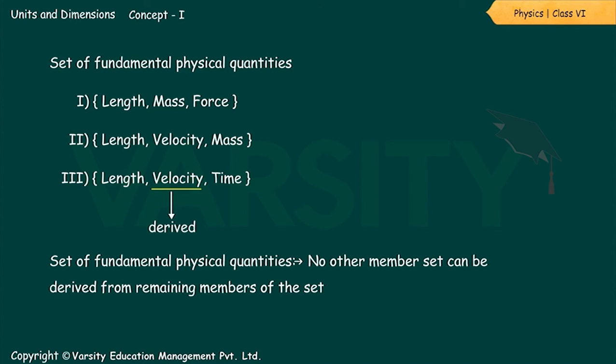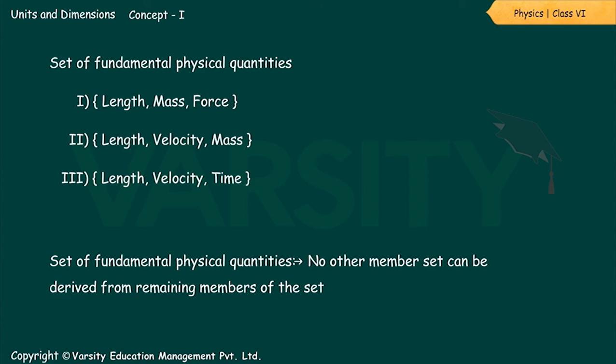Let's see how velocity is derived. Velocity is nothing but displacement by time is equal to length by time. Length and time are available in the same set. Thus, this set cannot be called a set of fundamental physical quantities.